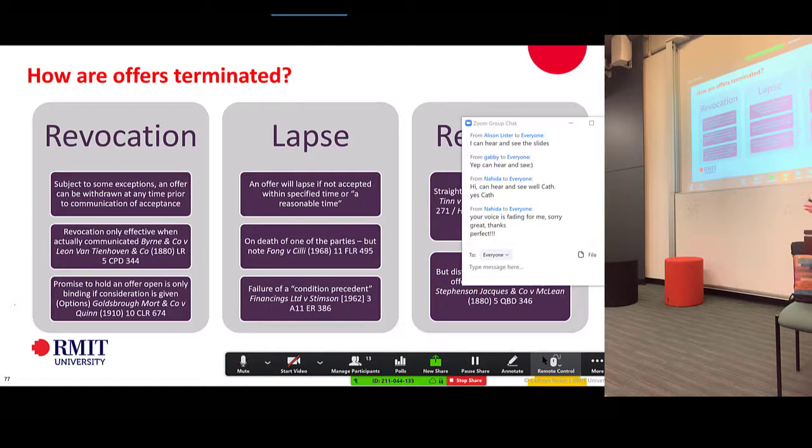If I'm looking for my lost dog, I sent Marius out to go and look for it at one stage, and the question would have been, did I communicate? If I'd asked Marius to do it specifically, then I would need to contact him and tell him I've withdrawn my offer. But if it was just a poster on a wall or a pole somewhere, I could take the posters down. That would be enough.